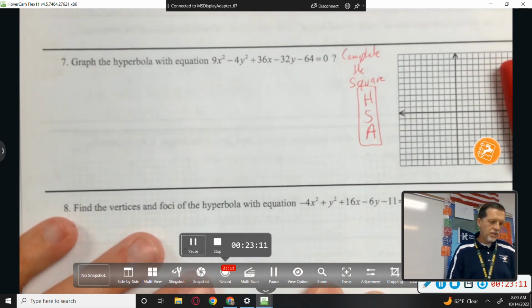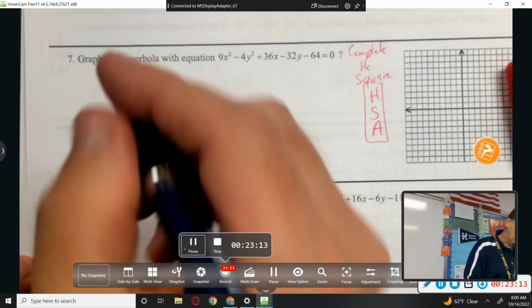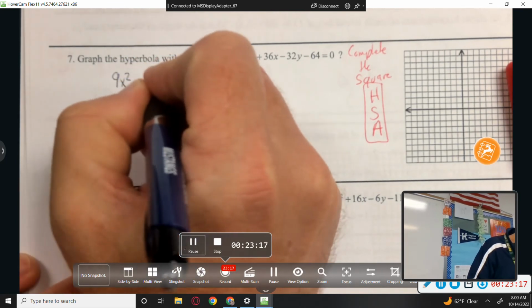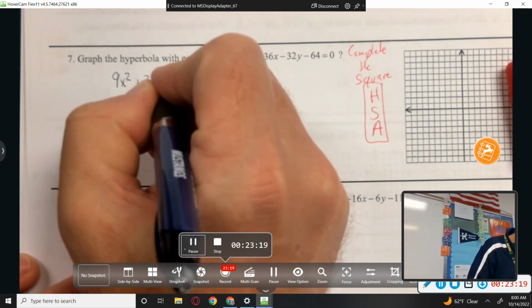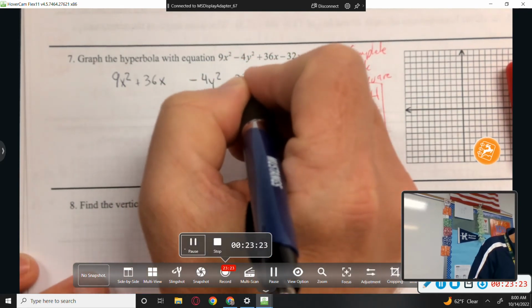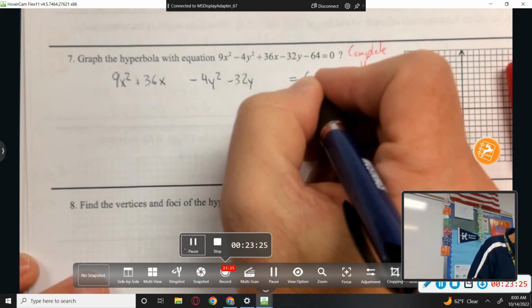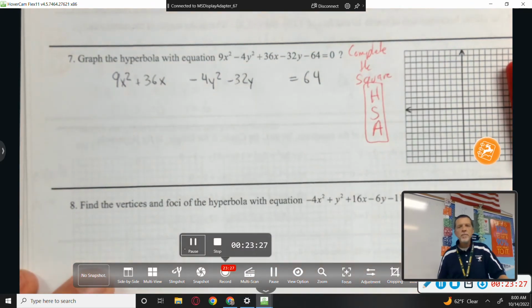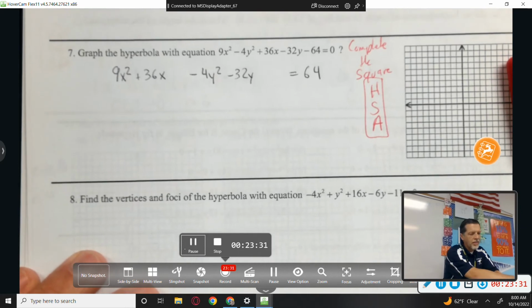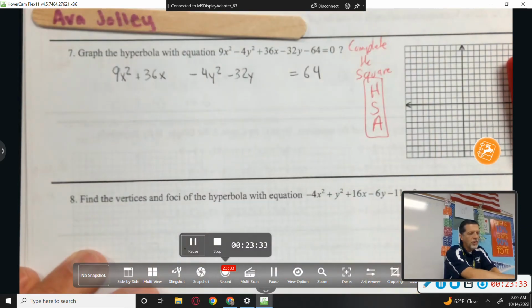So let's group our x stuff, group the y stuff, see what happens. Move that 64 out of the way. I'm just going to get a little bit trickier still on this one.